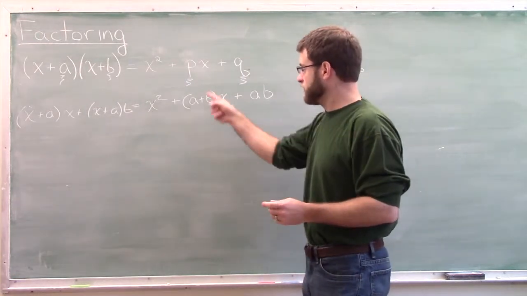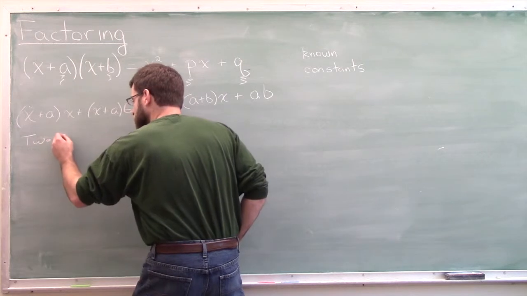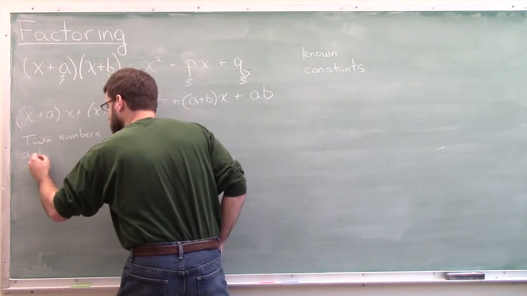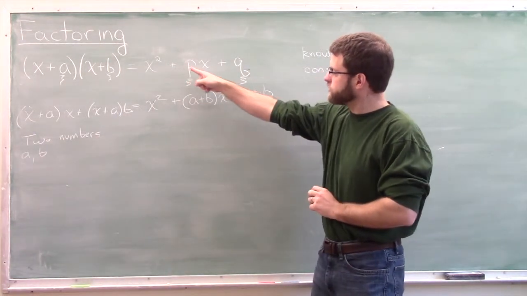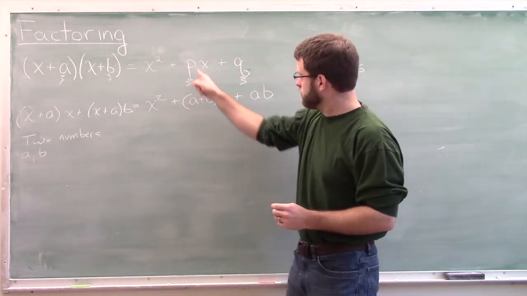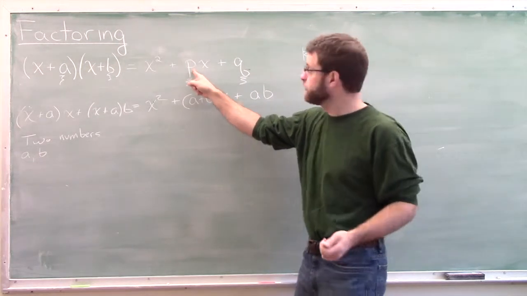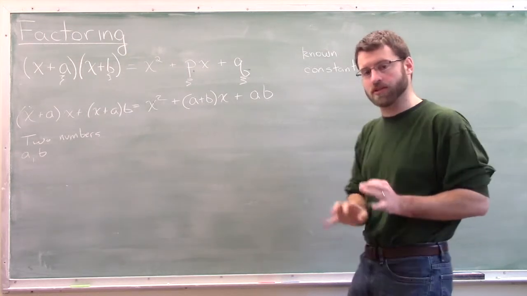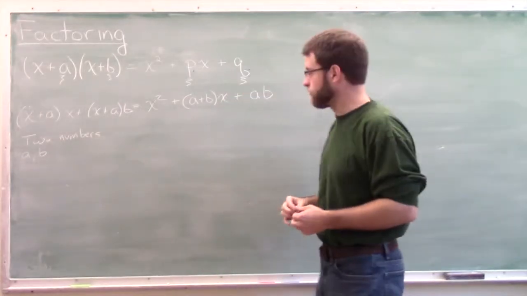So what we need is two numbers, a and b, chosen in such a way that the coefficients in the quadratic that we're trying to factor match up with them. We need a plus b to be equal to p, a number that we know when we're factoring, and we need a times b to be equal to q. Those are the two requirements for this polynomial to be equal to the factored form.